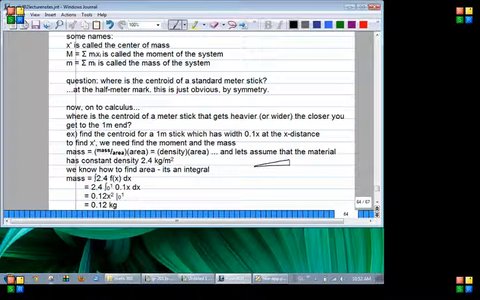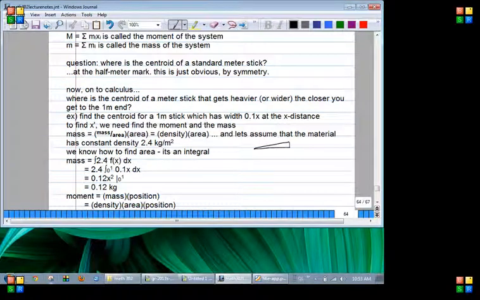Next, we have to find the moment. So what's the moment? Well, moment was not just mass, but mass times position. So it's basically this, but times, well, what's the thing that represents the position? X and Y. Right, and in this case, which variable? In this case, it's x. There you go.